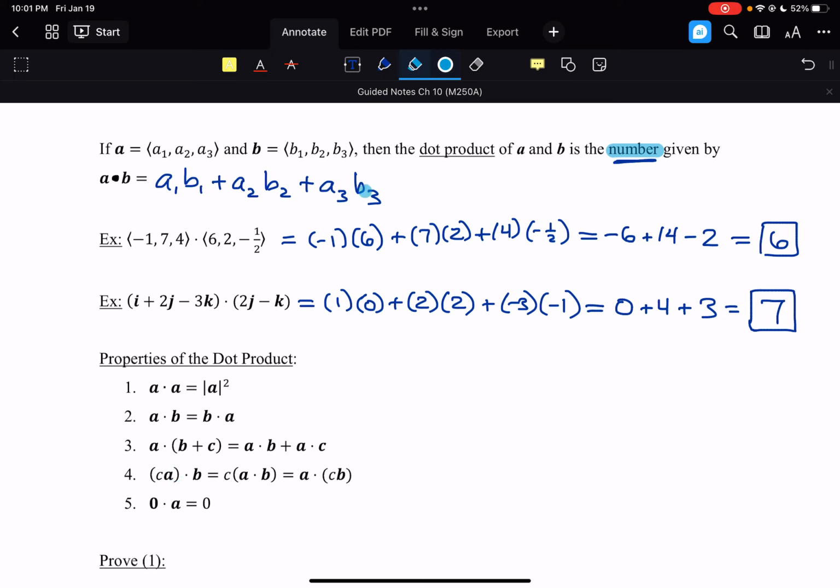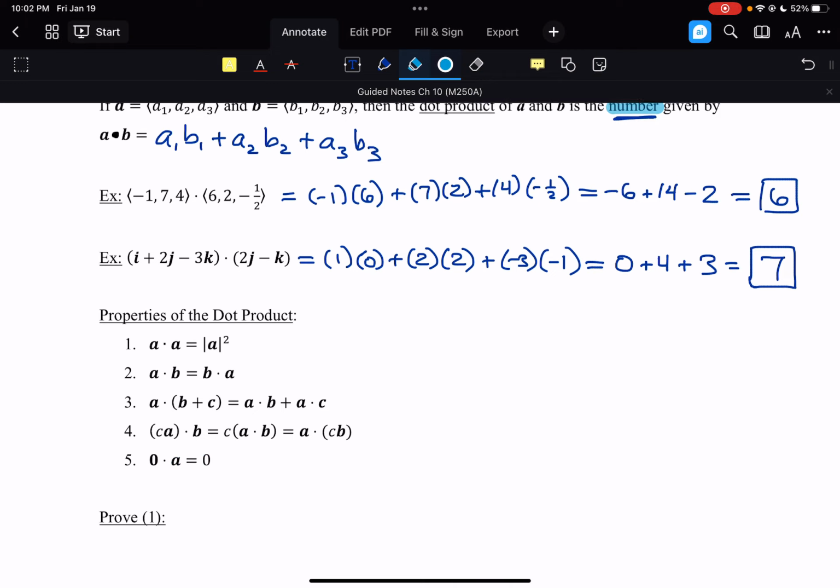If the C is inside or out in front of the whole thing, either way, it's the same. And any vector dotted with the 0 vector produces the number 0. Again, no longer a vector, just the number 0.